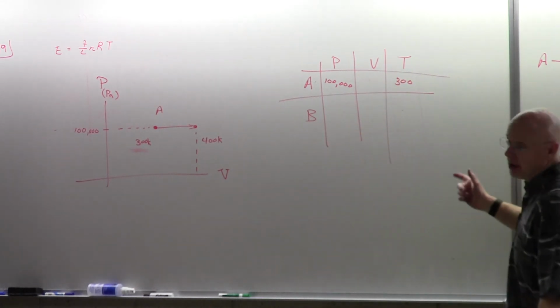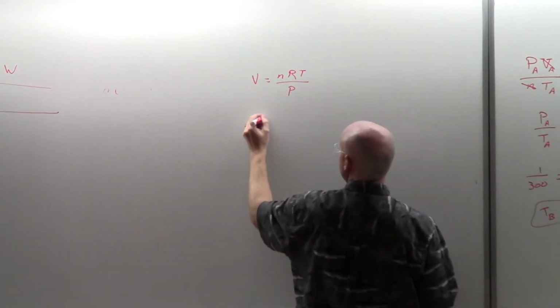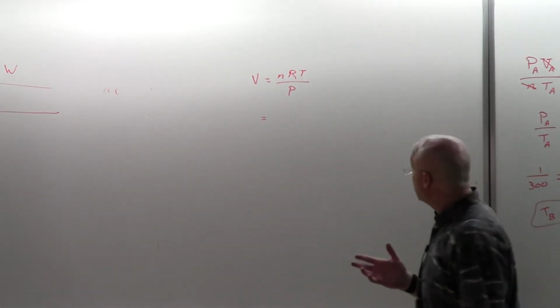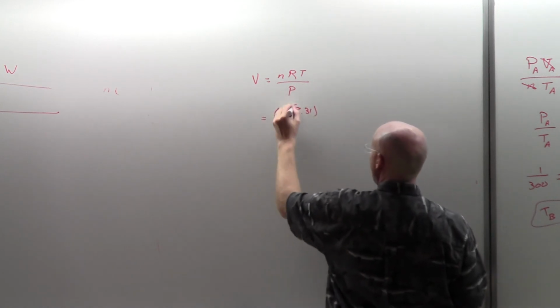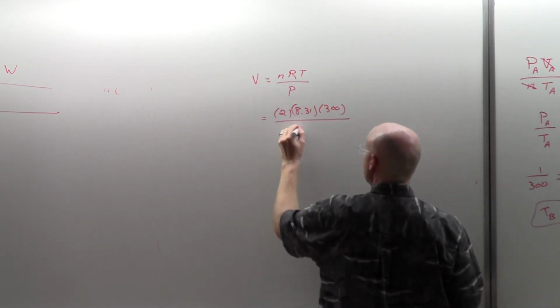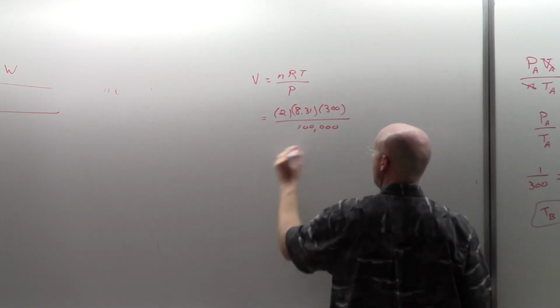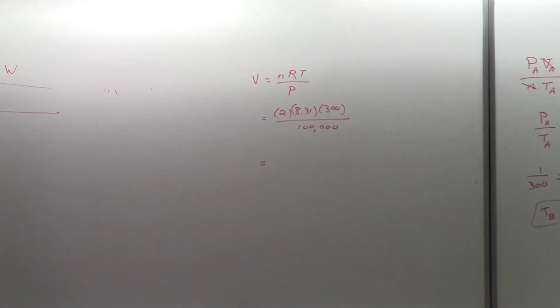They don't originally tell me the volume, but it's probably worth coming over to here and saying volume is equal to nRT over P, right? Because they did tell me I have 2 moles. R is 8.31, the temperature is 300, and the pressure is 100,000. And so indirectly, they did tell me the initial volume.